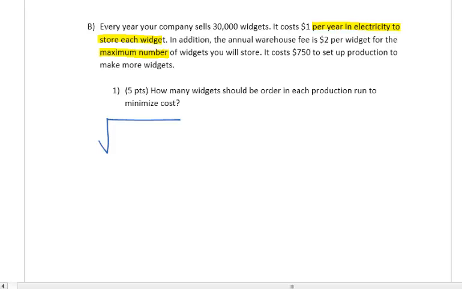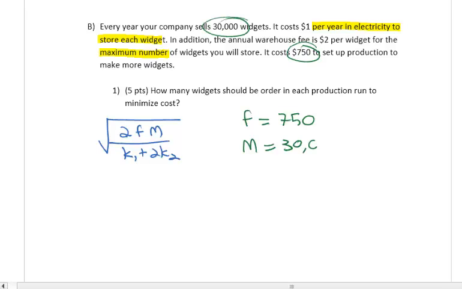So this is the square root of 2fm over k1 plus 2k2. F is the fixed cost of $750 to set up production. M is the total made in a year, which is 30,000. K1 is the cost per unit, and that's $1. K2 is the cost at maximum, that's $2.